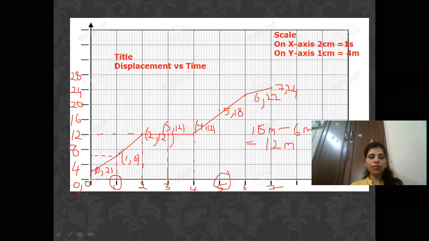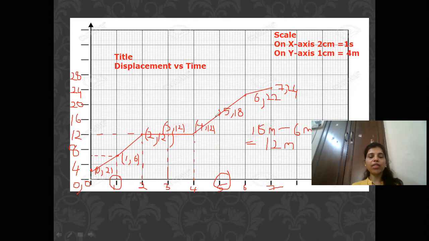So here 1 is over here and 5 is over here. Okay, so that means the total distance traveled from 1 to 5, we have got 12.